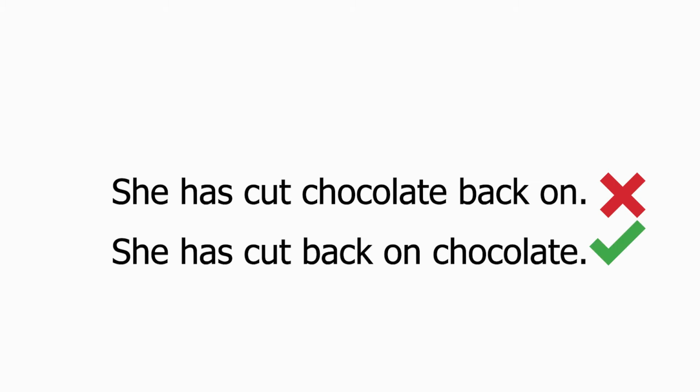She's cut chocolate back on is an incorrect sentence. It's incorrect because it's an inseparable phrasal verb and the object cannot come before the particle. The correct version is she's cut back on chocolate. There are easy ways to cut back on it. Yep, this sentence is perfectly okay.